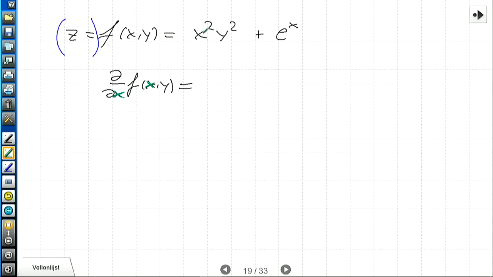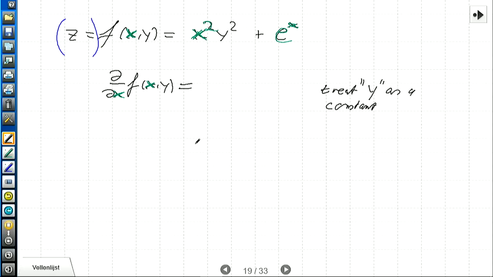If I look at this function, it is as if the function with my x glasses on looks like this. It has a part that depends on x and a part that doesn't. So y is a constant in this setting. Treat y as a constant, and then we differentiate.